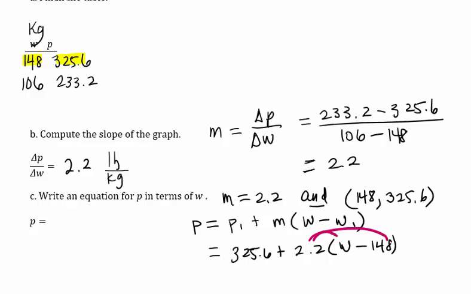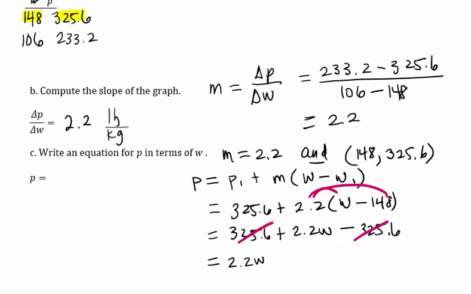Okay, then we just need to distribute and simplify. So 325.6 plus 2.2W minus 325.6, which is just P equals 2.2W.